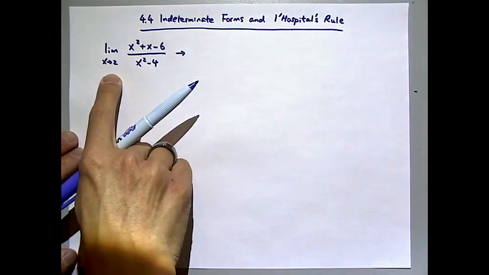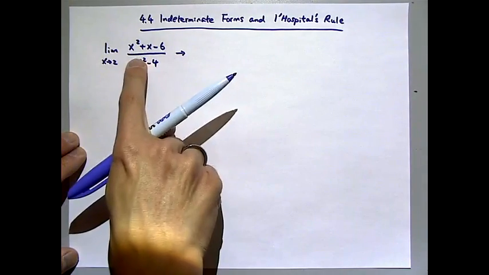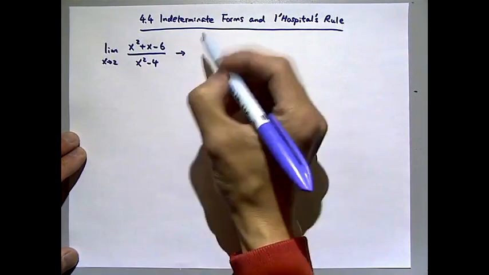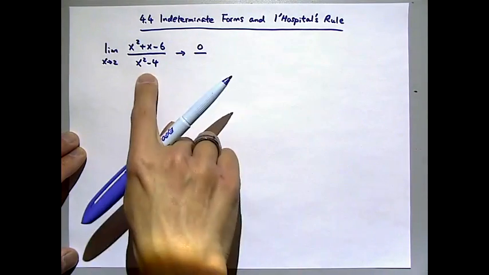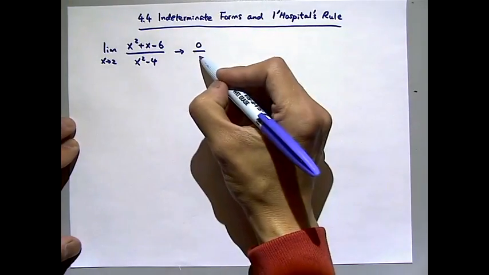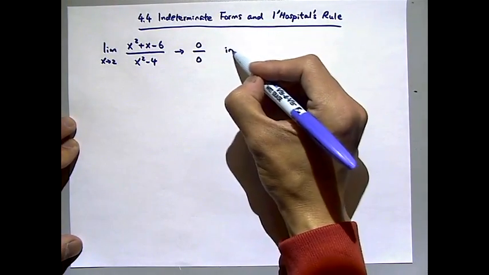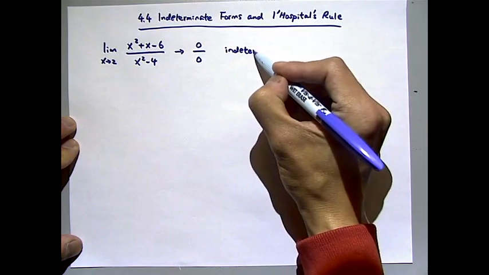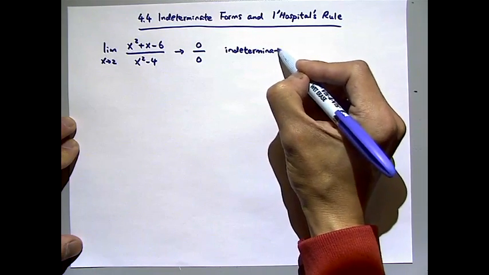Notice that if we let x become 2, then the numerator becomes closer and closer to 0. So does the denominator. 2 squared minus 4, there's our 0. And this is one of the many indeterminate forms.